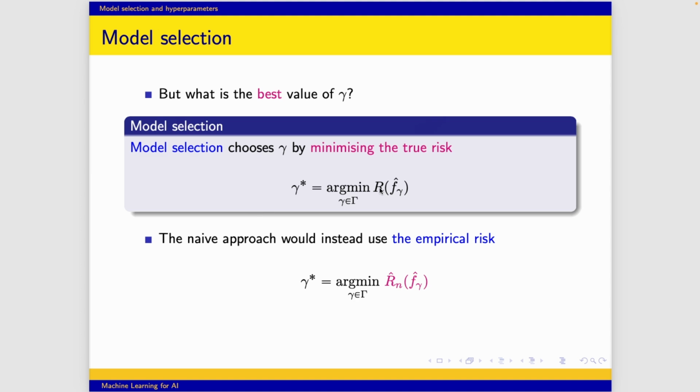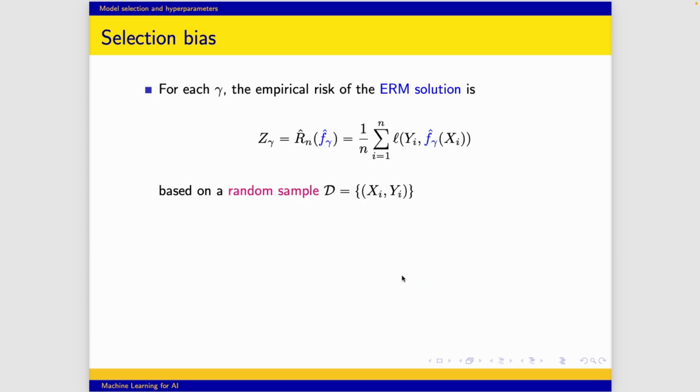We replace simply the true risk with the empirical risk. Now, this empirical risk, as we know, is an estimator of the true risk. It's a random variable. So for each gamma, let's define the empirical risk of the empirical risk minimization solution.